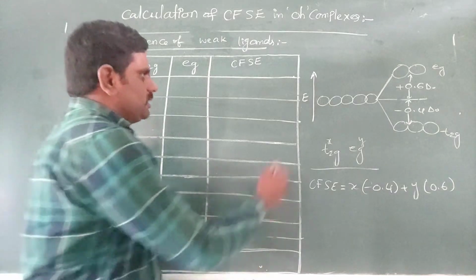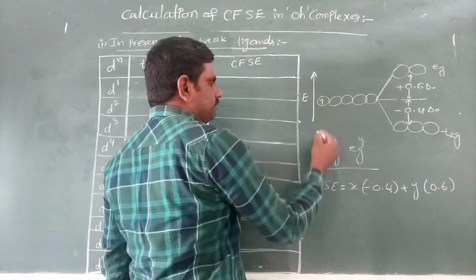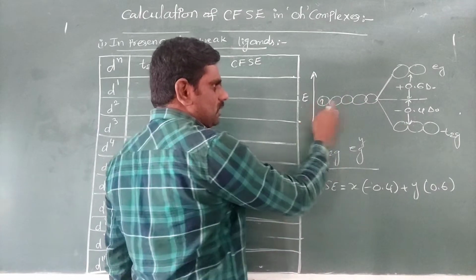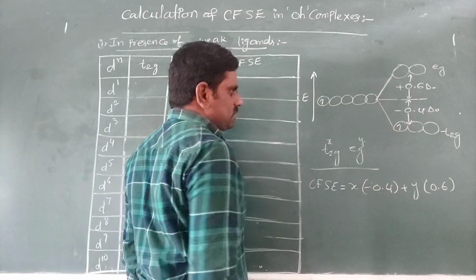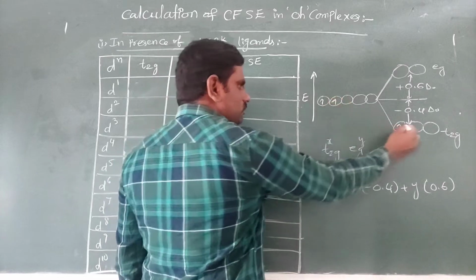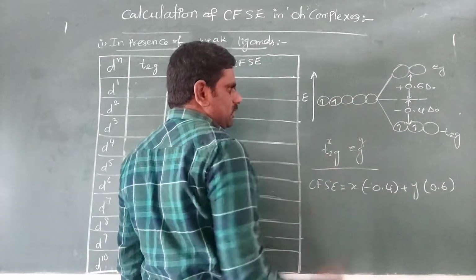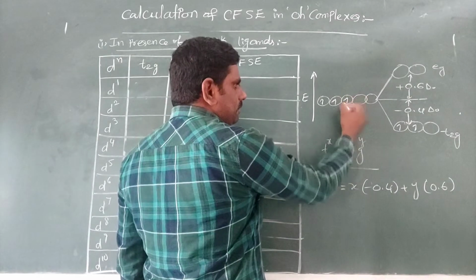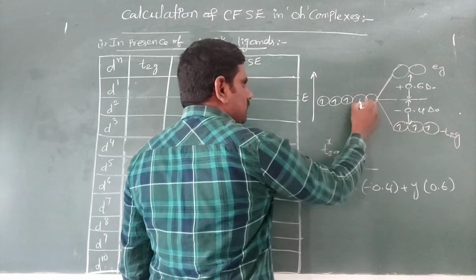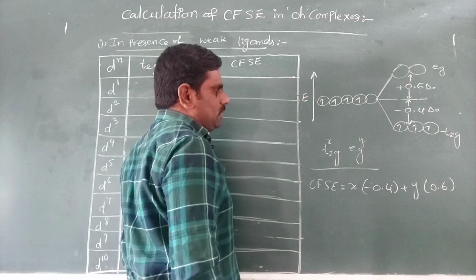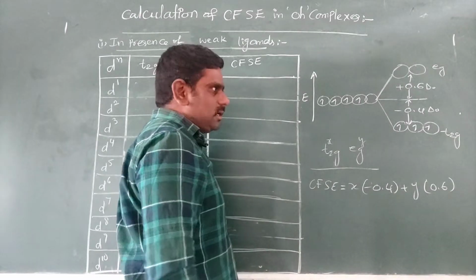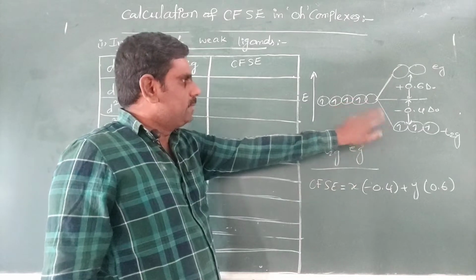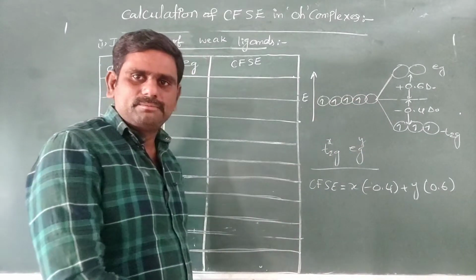See students, here d1, d2 system, d3 system and so on. Electron normally goes to lower energy first. D2 usually accommodates the next degenerate orbital, d3. In the case of d4, electron has two chances, we know. It may be paired up, or it may go to the higher energy level.